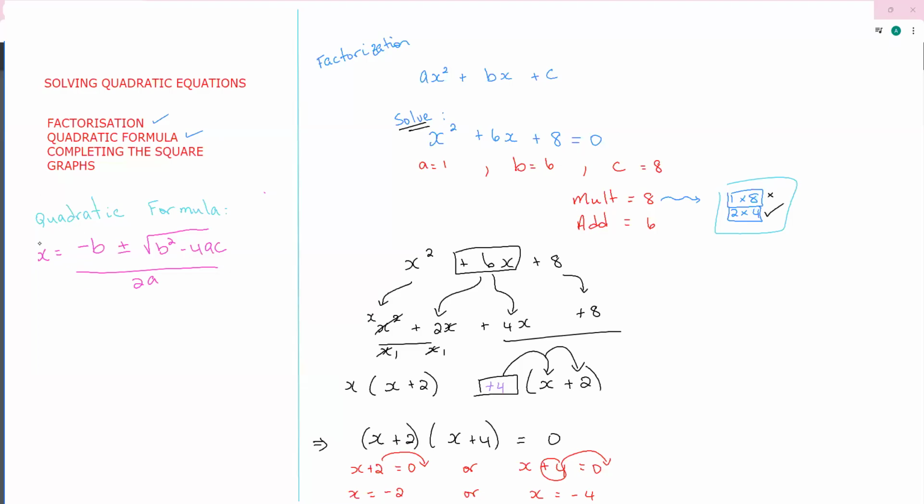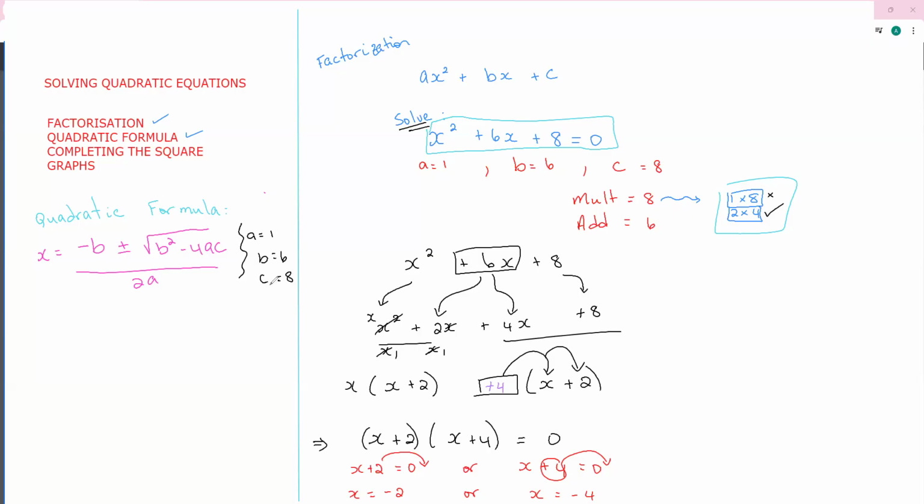All right, so let's solve the same quadratic, which is x squared plus 6x plus 8 is equal to 0, but this time using the quadratic formula. So remember, from the same quadratic, a was 1, b was 6, and c was 8.